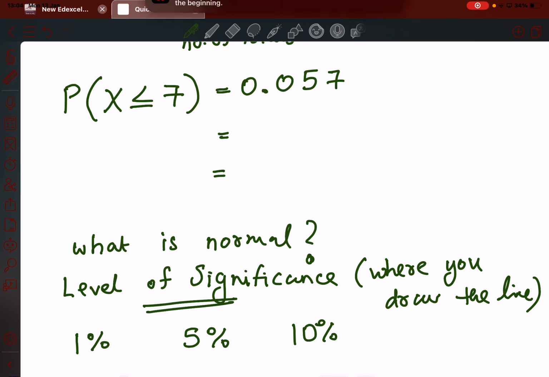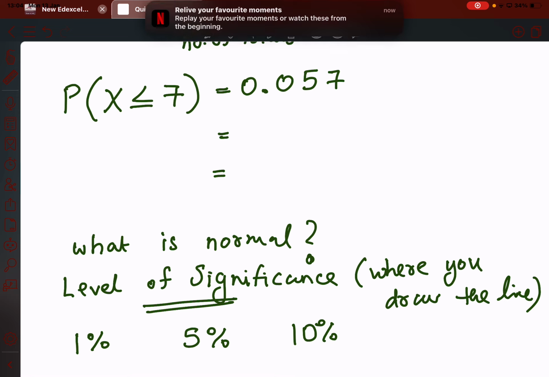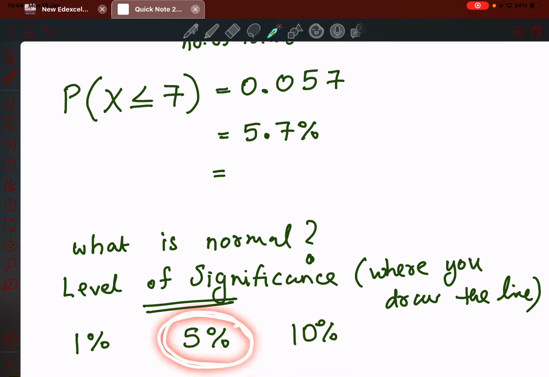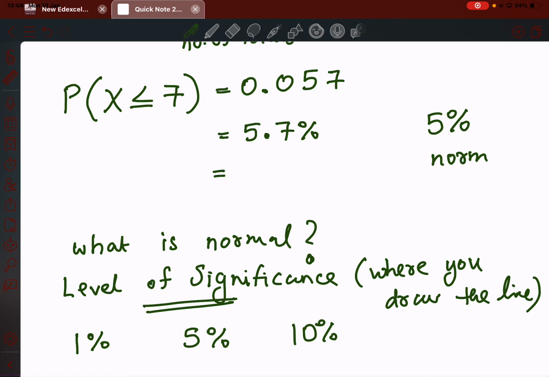0.057. Okay? So imagine this is the answer. And in terms of percentage, that will be 5.7%. We are drawing the line at 5%. So 5% is normal. The probability of this thing happening, well, you got that as actually more than that. So what Mr. Thomas is claiming might be true. Okay?